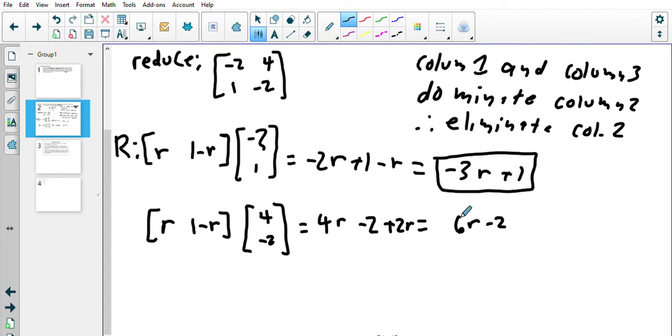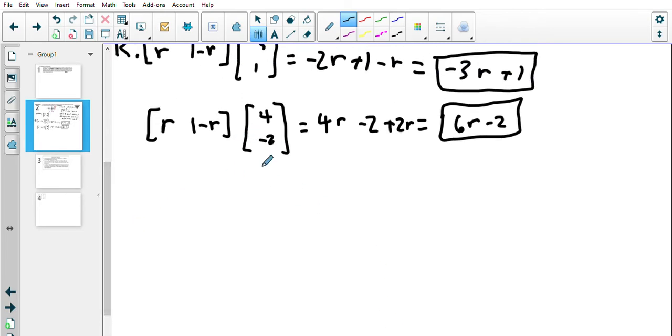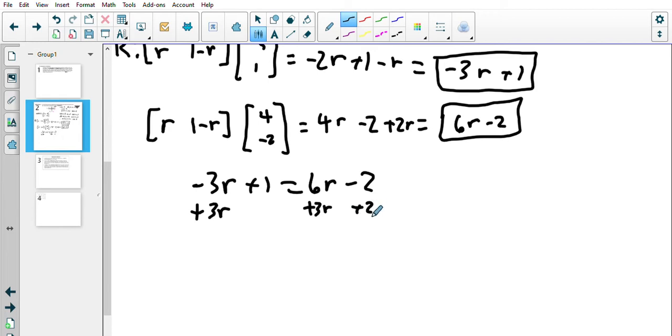Okay, and then we'll just set these two results equal to each other and solve for R. So we can add 3R to both sides, and we can add 2 to both sides. So that'll give us 3 equals 9R.